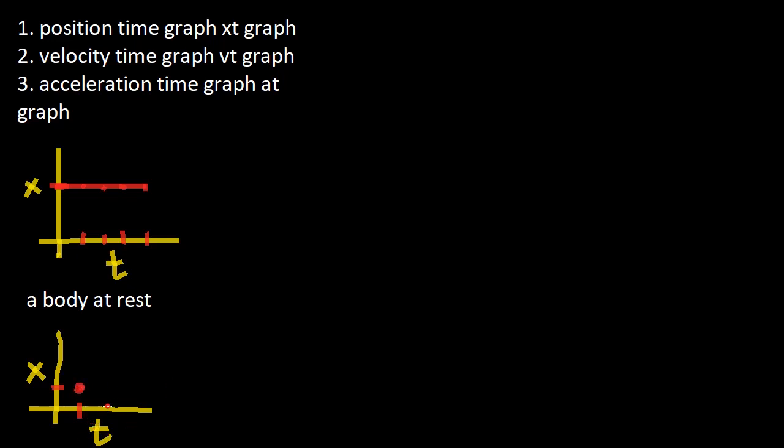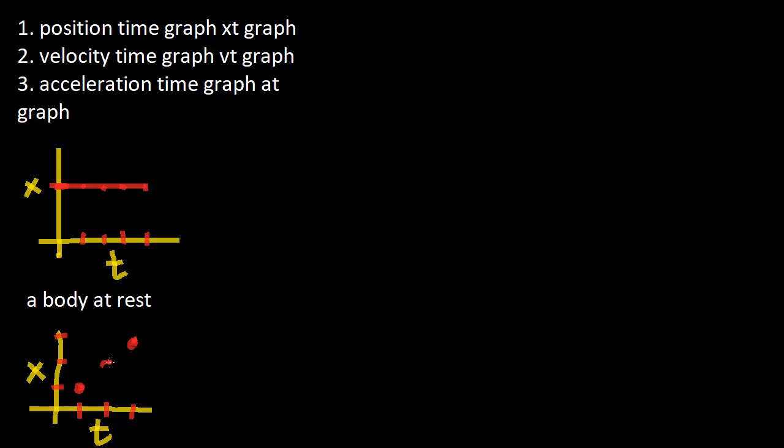At 2 seconds, since the body is moving with uniform velocity, in each second it will move 1 meter or 1 unit forward. So in the next second it will move from 1 to 2. Hence the position of the body at 2 seconds will be given by this point, 2 units of position. Similarly, in the third second it moves another 1 unit, and the position of the body will be given by this point.